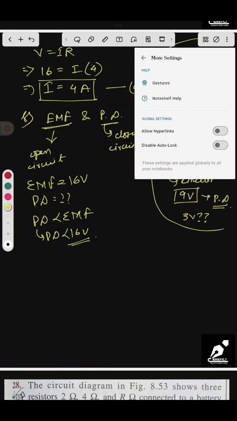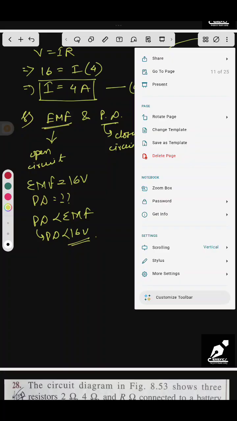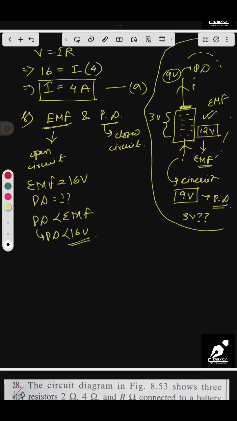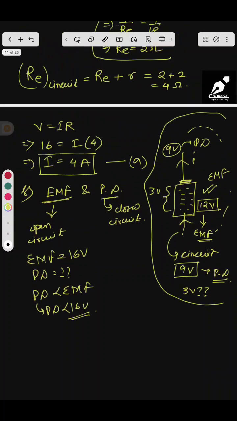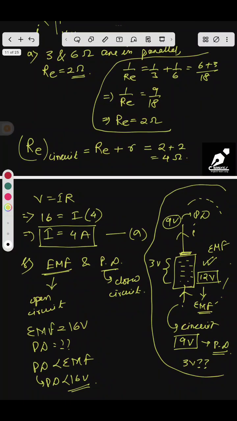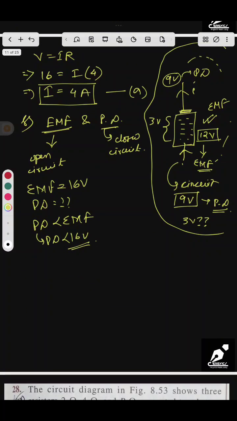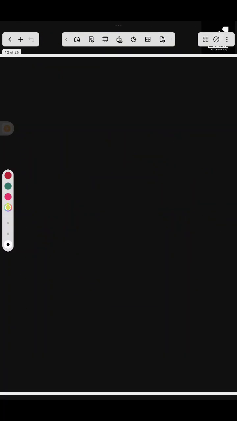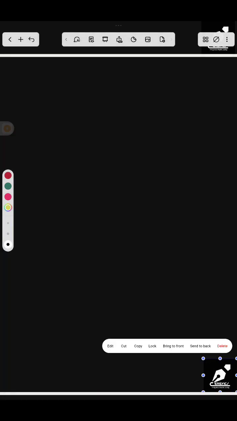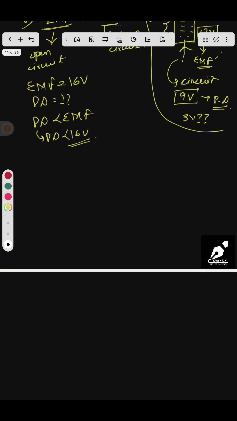What is the option of adding a page? I don't know. I guess I got it.